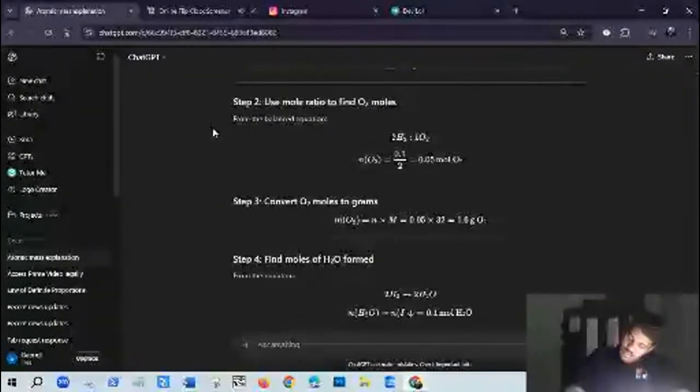So yeah, follow the ratio: 0.1 divided by 2.